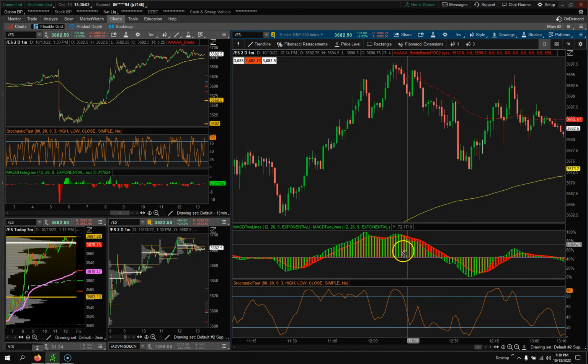And then when we cross and the red is on top, you could usually say, hey, we're in a downtrend. And what I look for are potential divergences. We have a divergence here, but we also have one right here, so you could play that. Sometimes they're not always matching up with the fast stochastics, but sometimes they do.